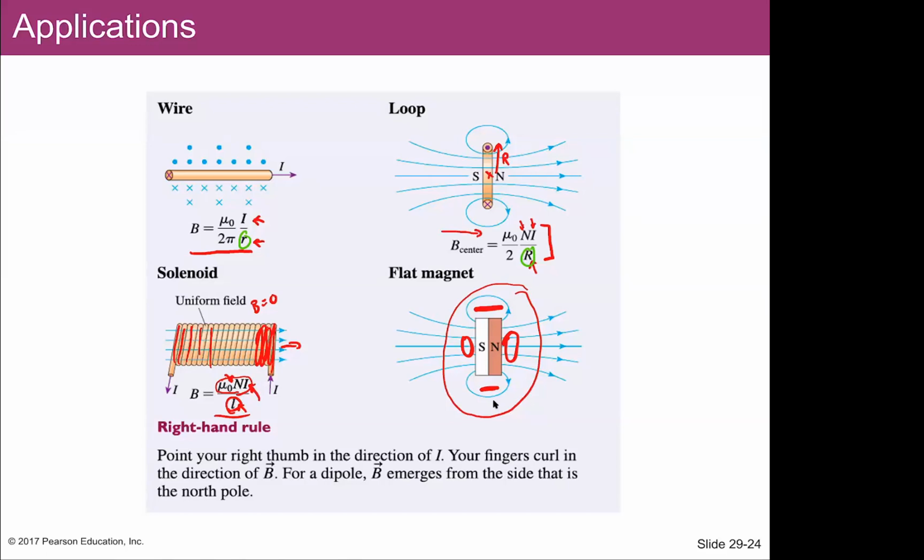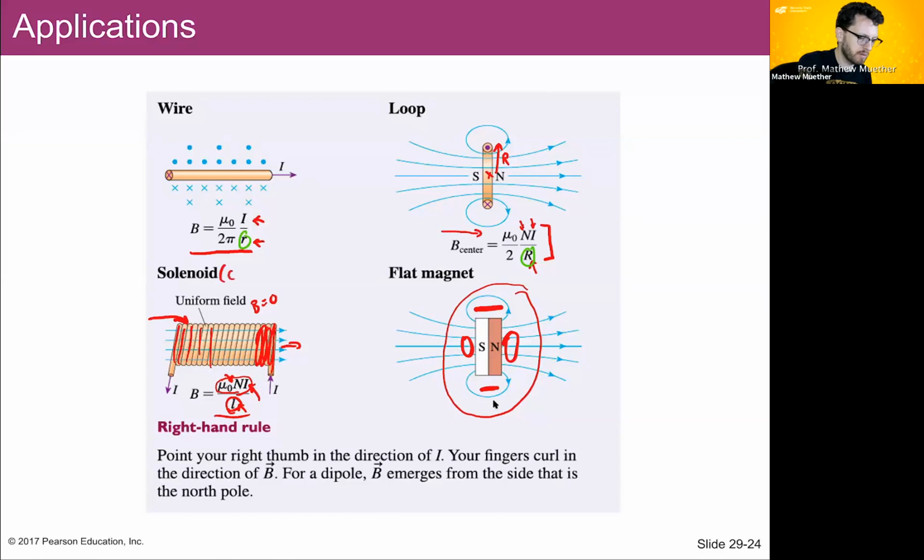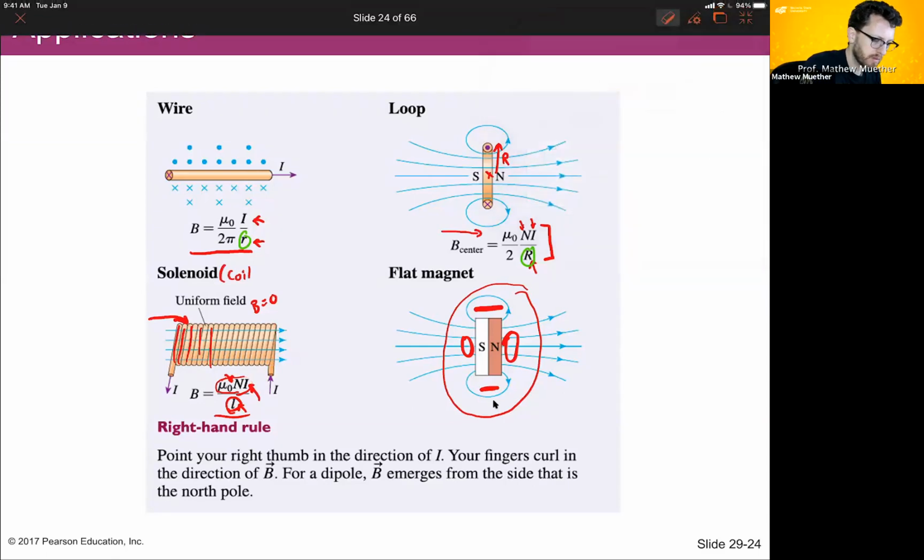Is the solenoid the coil, or is that just multiple loops? Because his slide says for the coil, the number of turns in a coil. I thought when you said solenoid, I just assumed that was the same thing. Yeah, so the solenoid is a coil. What we're thinking about here is that this solenoid is just a single wire that's wound around like this.